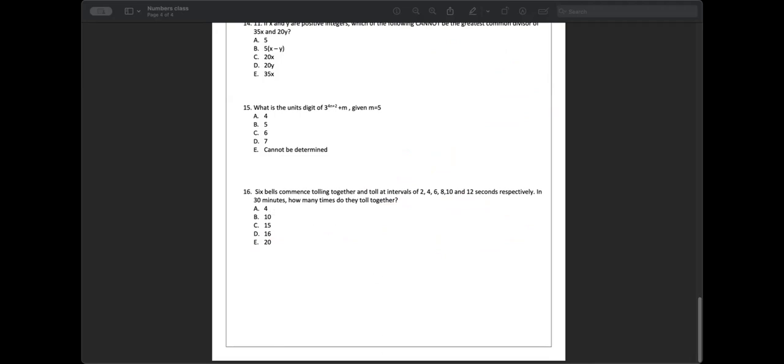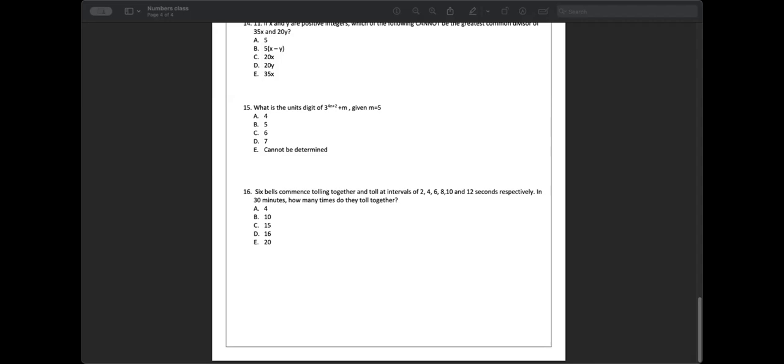Okay. Now let's see one or two more things. Next thing is about remainders. Now let's say we divide 13 by 4.